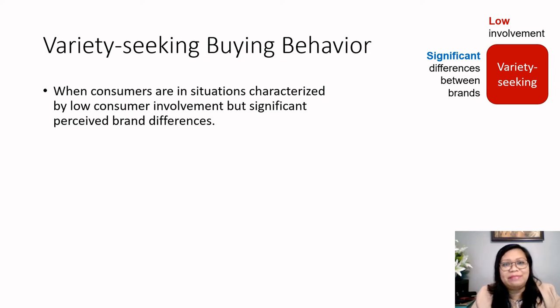But the next time, the consumer might pick another brand out of boredom or simply to try something different. Here, consumers switch brands not because they did not like the taste and are dissatisfied with the cookie brand, but they just want to try other variants and flavors, simply for the sake of variety.